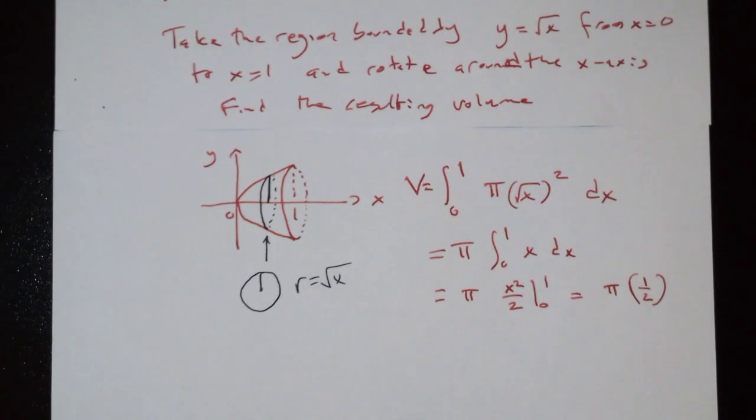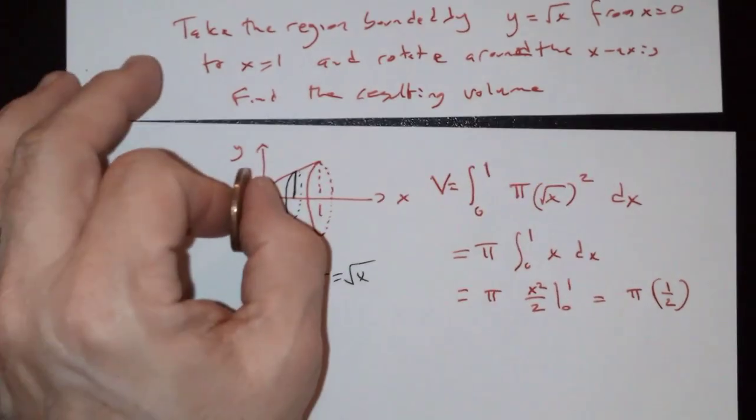This sort of decomposition is referred to as a volume by discs. Because if you think of each of these slices, each slice is a thin disc, a coin, stood on edge.